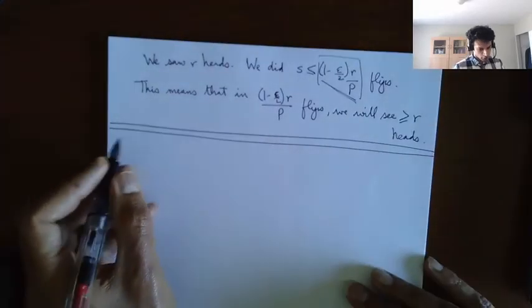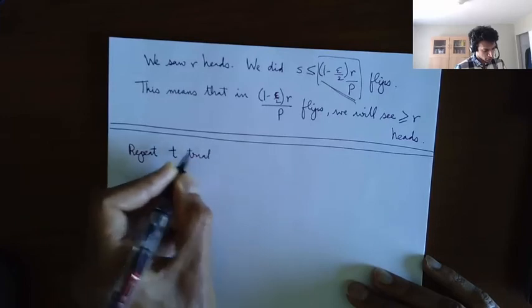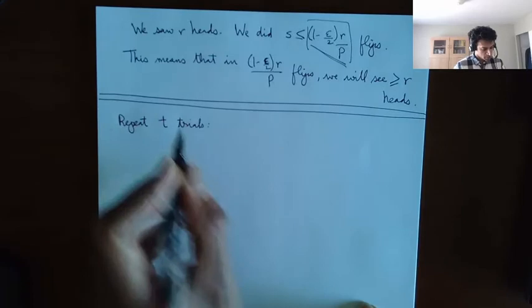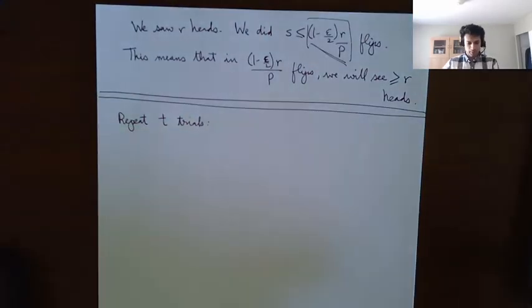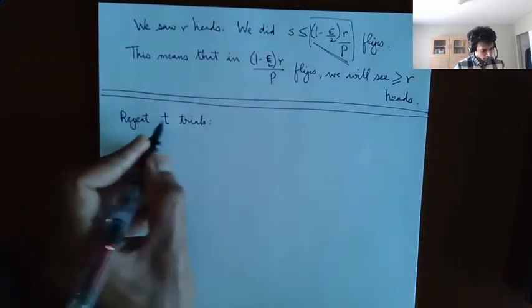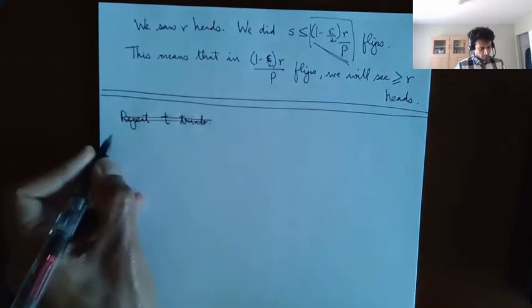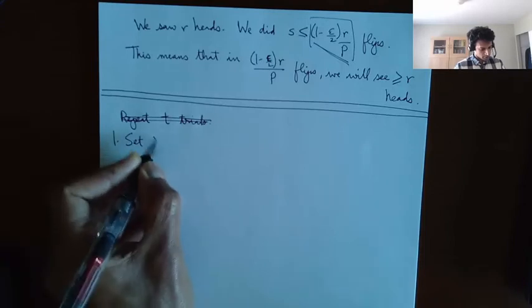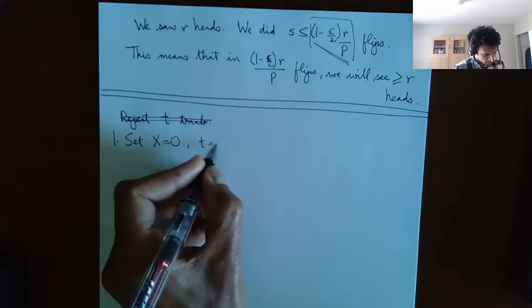So now let me write out the improved Karp-Luby. Repeat t trials. I'm not going to tell you what t is right now. Let me do this a little bit more formally. I'm going to set x equal to 0 and t equal to 0.